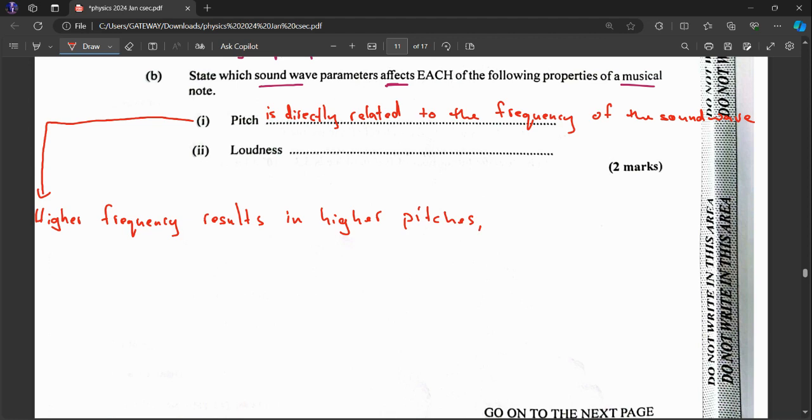We could have put that they're proportional, in other words. Not really, but they're directly related in a way, like the proportional kind of way, right? So lower frequencies result in lower pitches, basically.